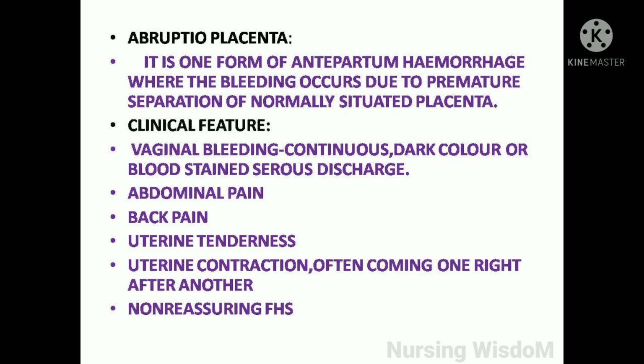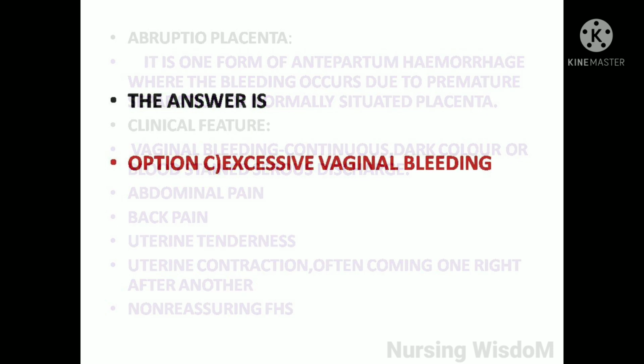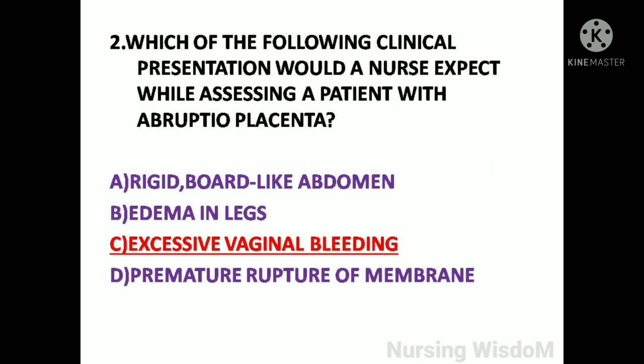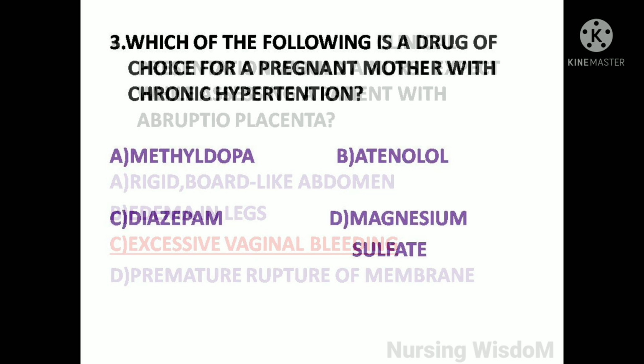Abdominal pain, back pain, uterine tenderness, uterine contractions, often coming one right after another. Non-reassuring FHS. The answer is option C, excessive vaginal bleeding. Which of the following clinical presentations would a nurse expect while assessing a patient with abruptio placenta? Option C, excessive vaginal bleeding.